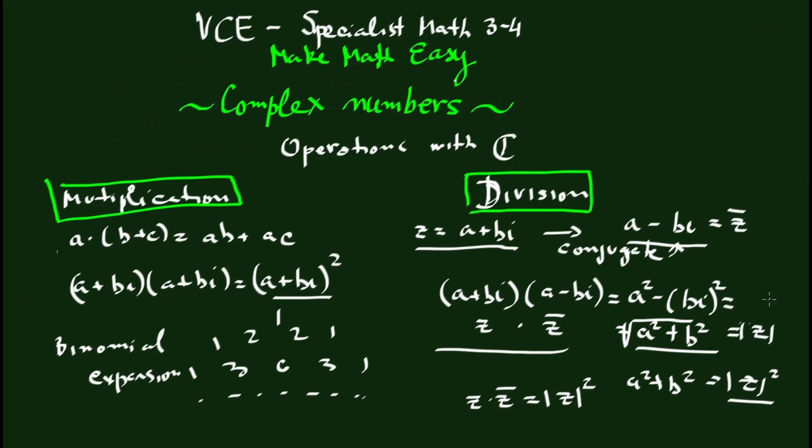So that becomes its absolute value, I mean conjugate times the complex number gives us modulus of z squared. It's important to know. We'll continue with the division here.